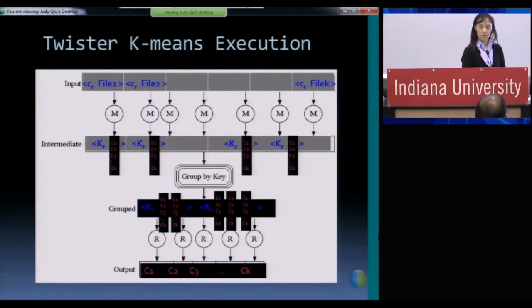As we understand, MapReduce is mainly about how you utilize key-value pairs. So here, in the initial key-value pairs, the value is the file. In the intermediate key-value pairs, it becomes the key and the vector space of the centroids. So the reduction gets ultimately the result of the cluster centers, exactly what we want.